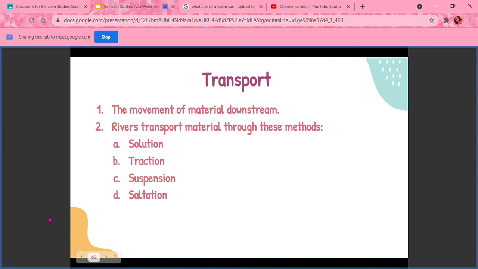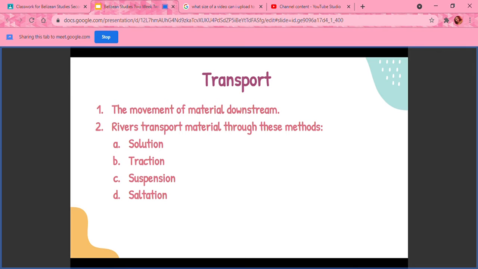Transport. Transport is what it says right here: transportation, the movement. So how does a river move things? We have talked about how a river does erosion, but now we want to know how a river moves all of those things.